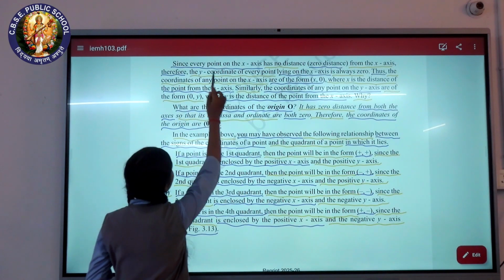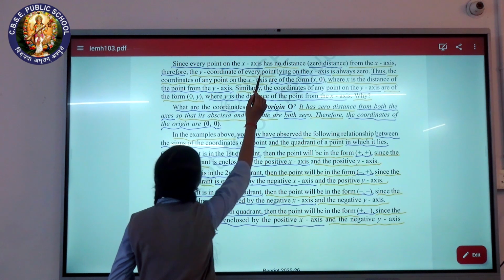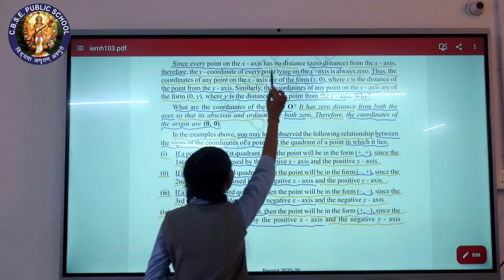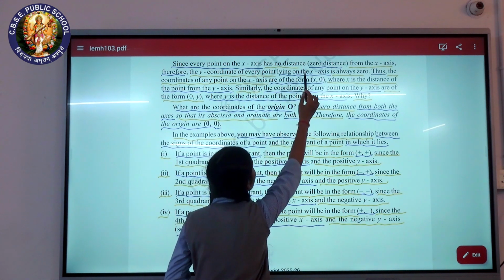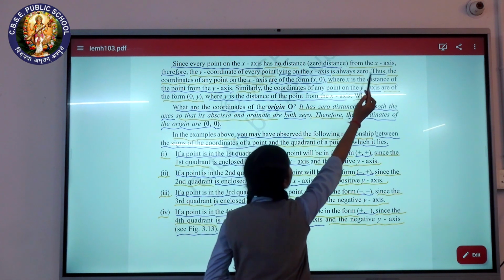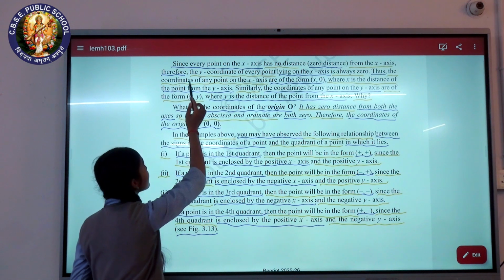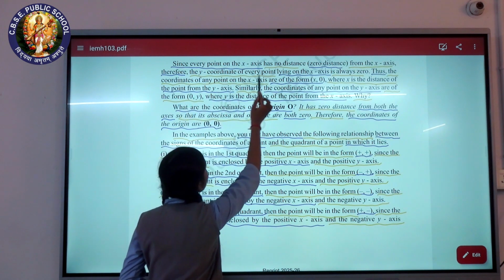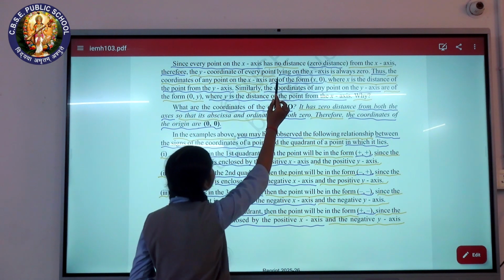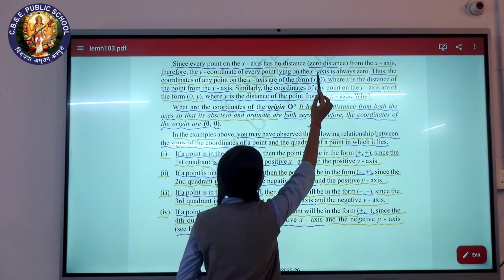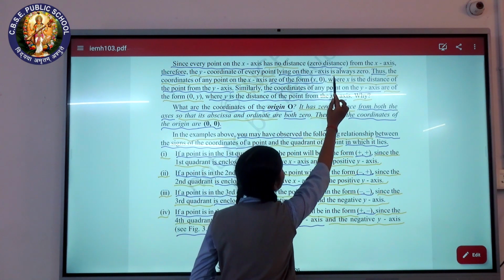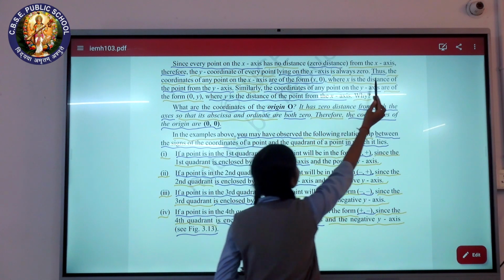Since every point on the x-axis has zero distance from the x-axis, the y coordinate of every point lying on the x-axis is always 0.